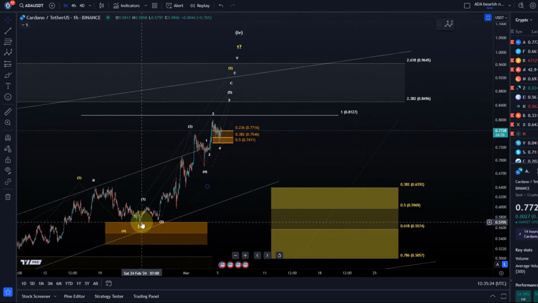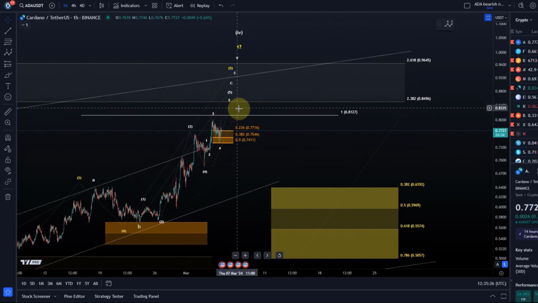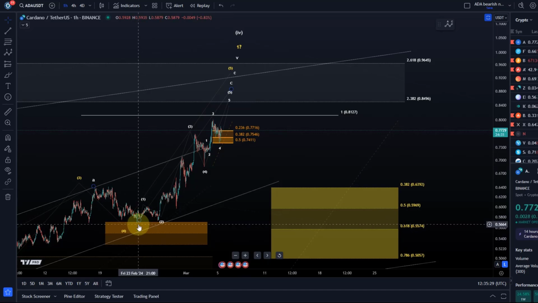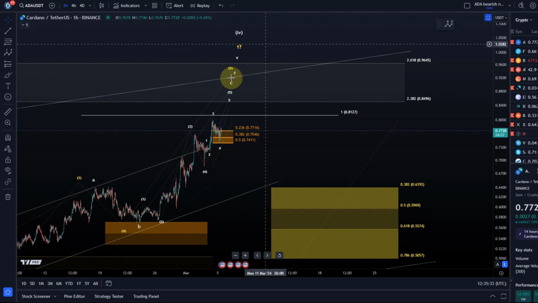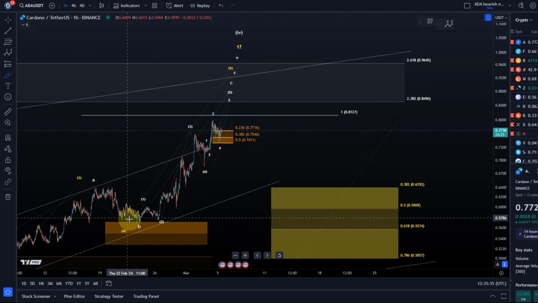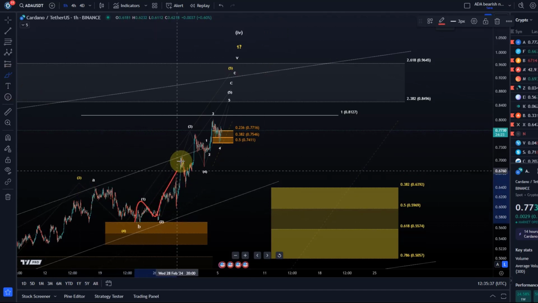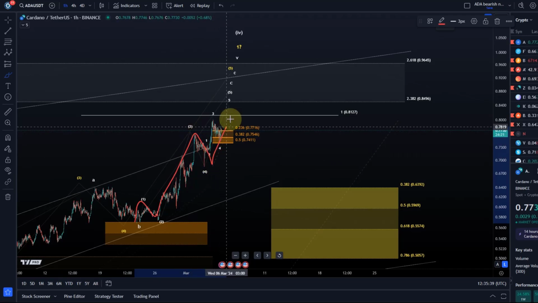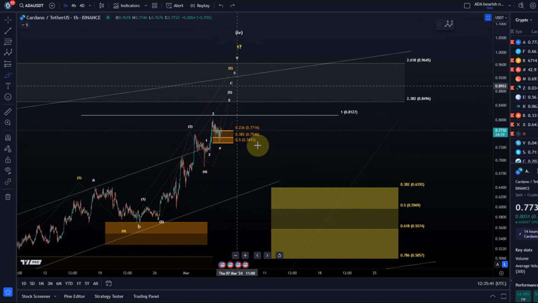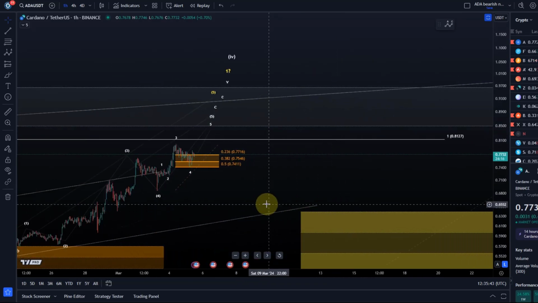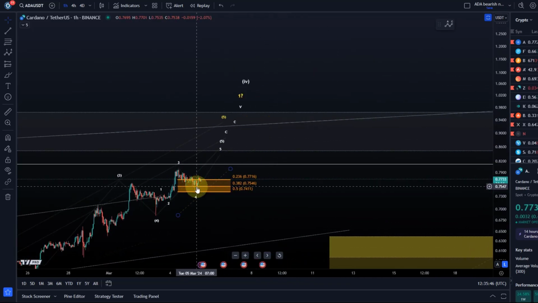Both counts are very similar, and I think they share the same microstructure from this swing low on the 23rd of Feb, when the market reacted to our support zone. Here we have a wave 1, a wave 2, a wave 3, a wave 4, and then wave 5 could be unfolding. So we could be in the last leg up. Yesterday I shared with you a target support zone.